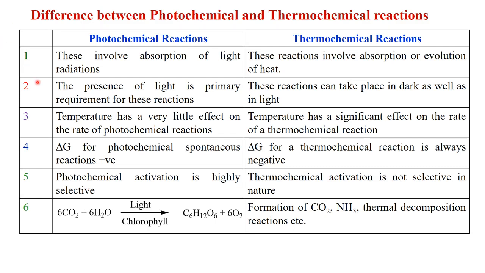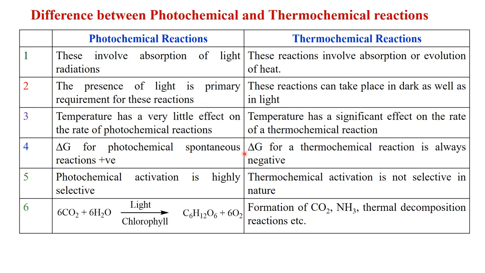Second is the presence of light is a primary requirement, while for thermal reactions light is not the key requirement. Third is in photochemical reactions temperature does not have a lot of effect, while in thermal reactions temperature plays a significant role.